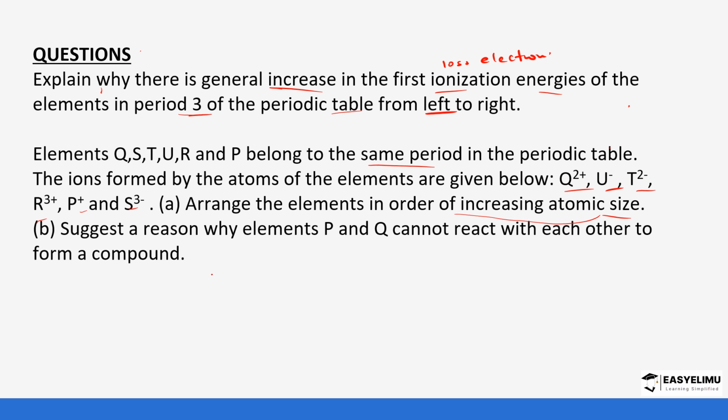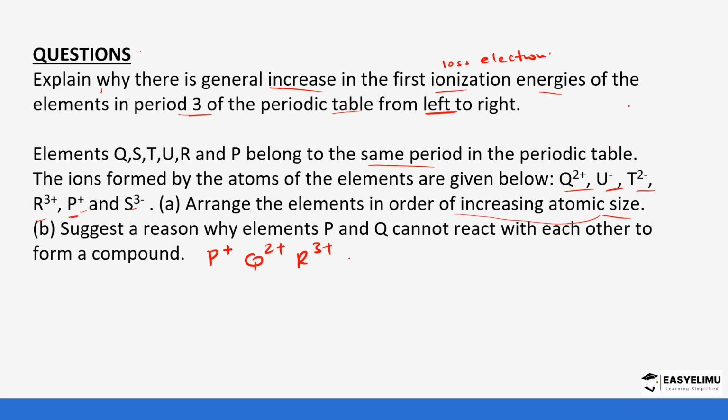So this is what I'm meaning. Let's arrange it normally as it would be across a period. We would start with the one that is losing one electron. So P is only losing one electron. We go to the one that is losing two electrons, which is Q. So we are at magnesium. And then we have the one that is losing three electrons, R, 3 plus.